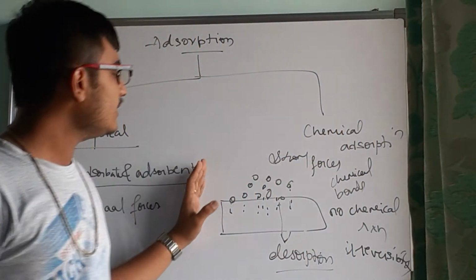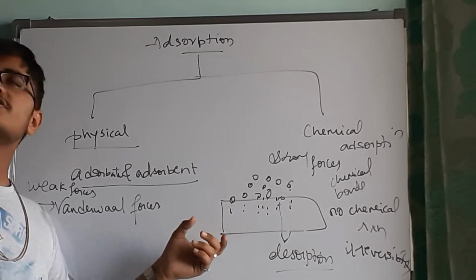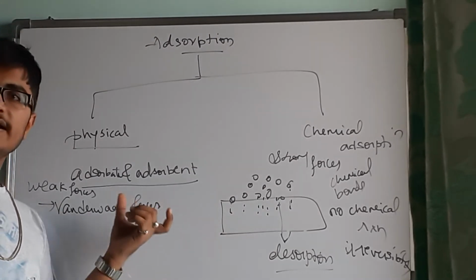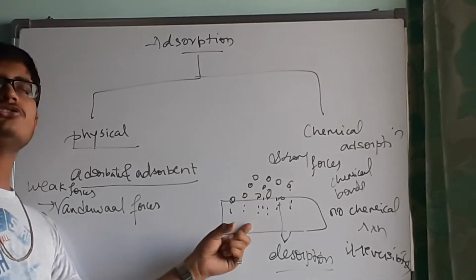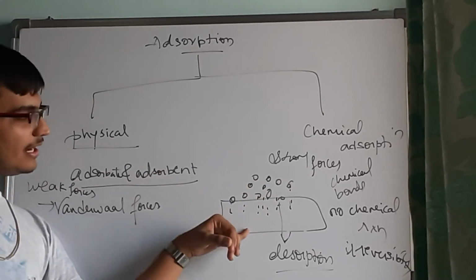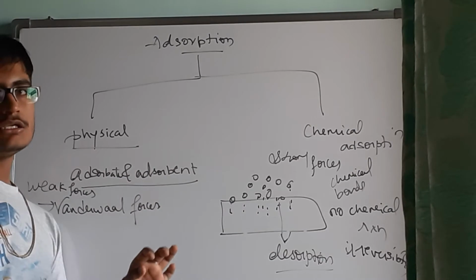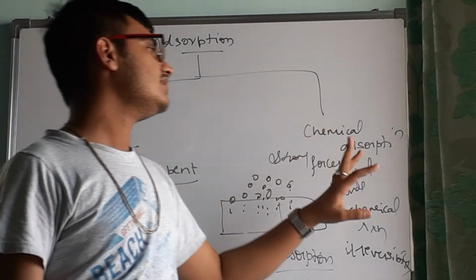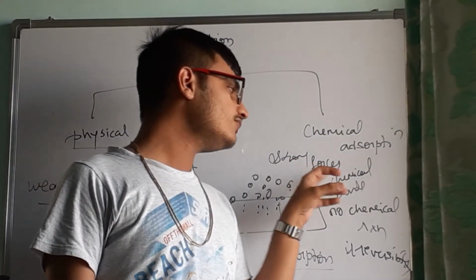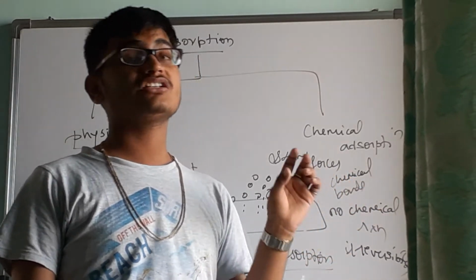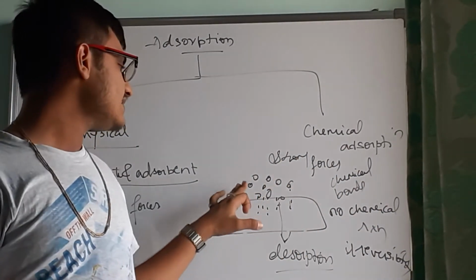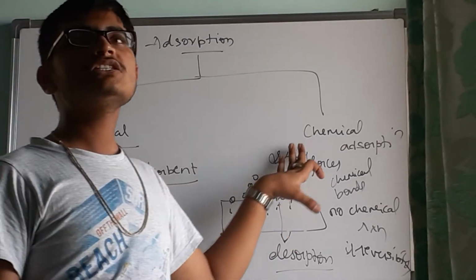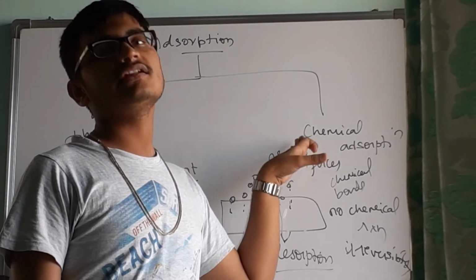Then chemical adsorption is when the adsorption takes place with a very strong force between the adsorbent and adsorbate, generally due to chemical bonds, but there is no chemical reaction between these two, and this process is generally irreversible.